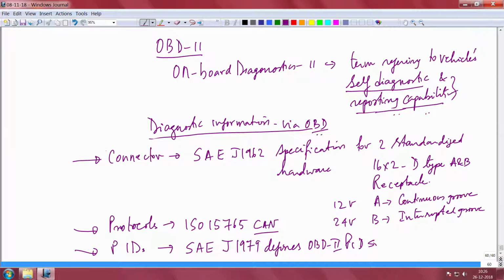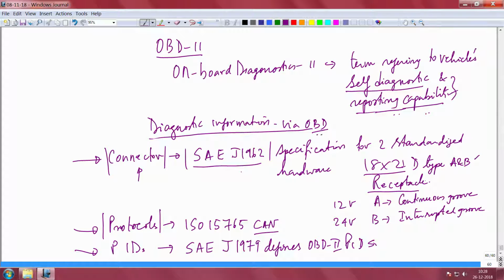One is related to the connector and hardware specification. The second is protocol related, and the other is with respect to the parameter IDs, also called PIDs. For the connector, there is a specification from SAE, the Society of Automotive Engineers, the J1962 specification. You will have type A and type B, both with the same D-type form factor.